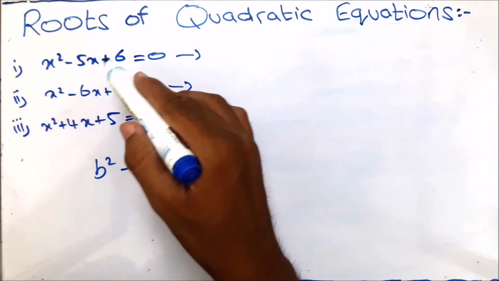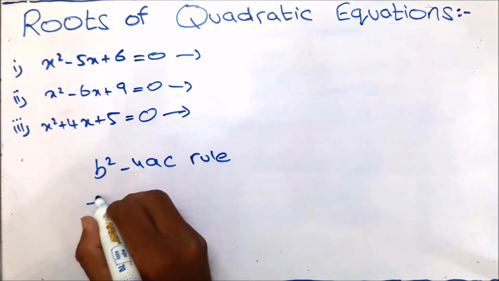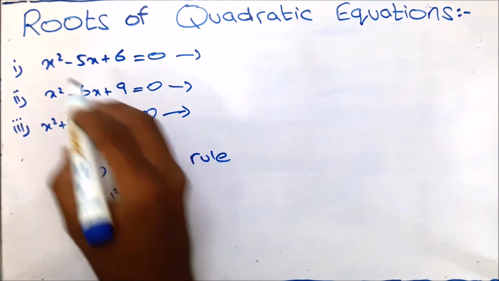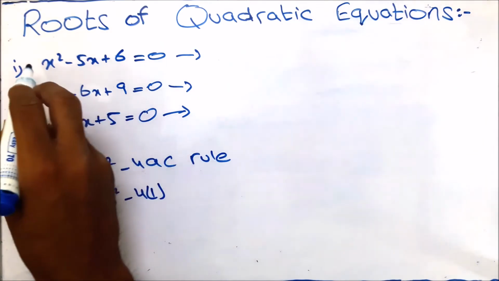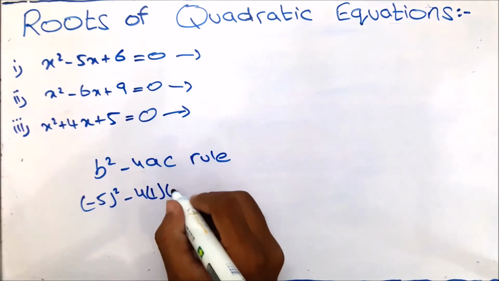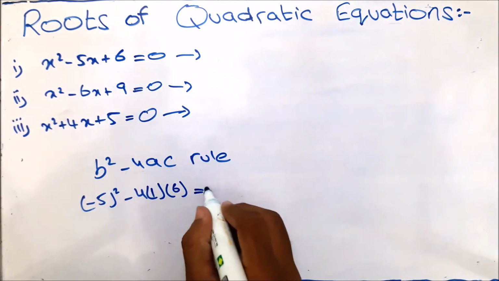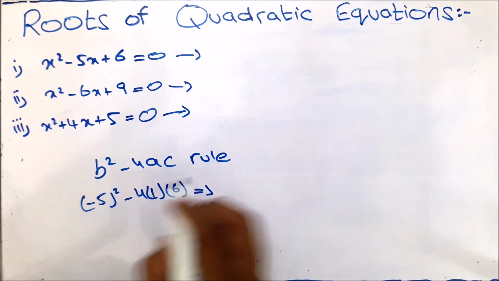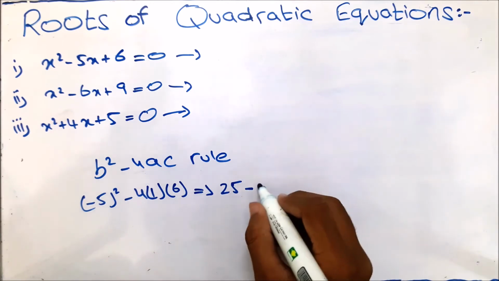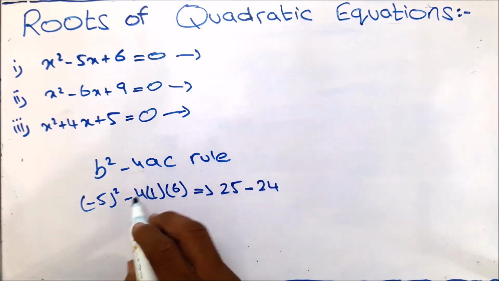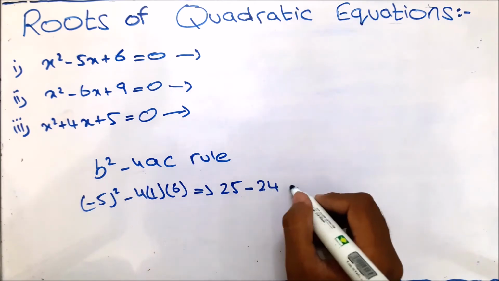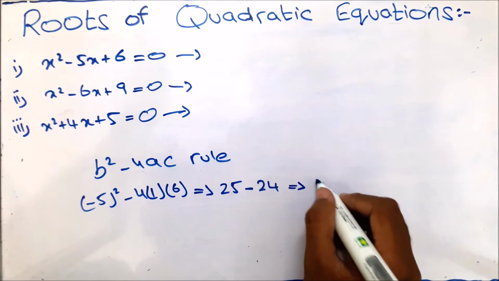Over here we have our b as minus 5, squared, minus 4 times a, which is 1, because the coefficient of x squared is 1, and c is 6. So we get minus 5 squared, which is 25, minus 4 times 6, which is 24, and we get our answer as 1.